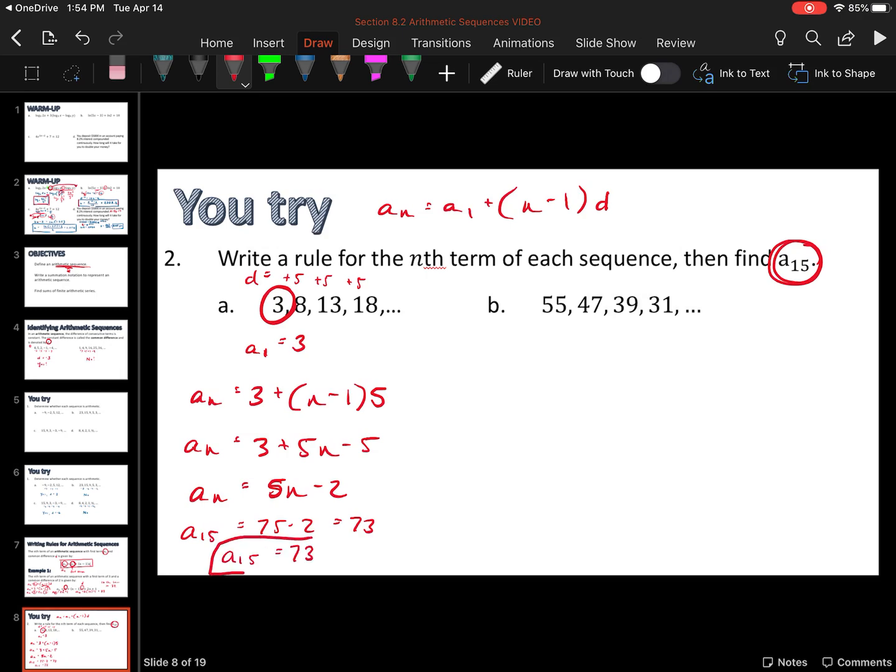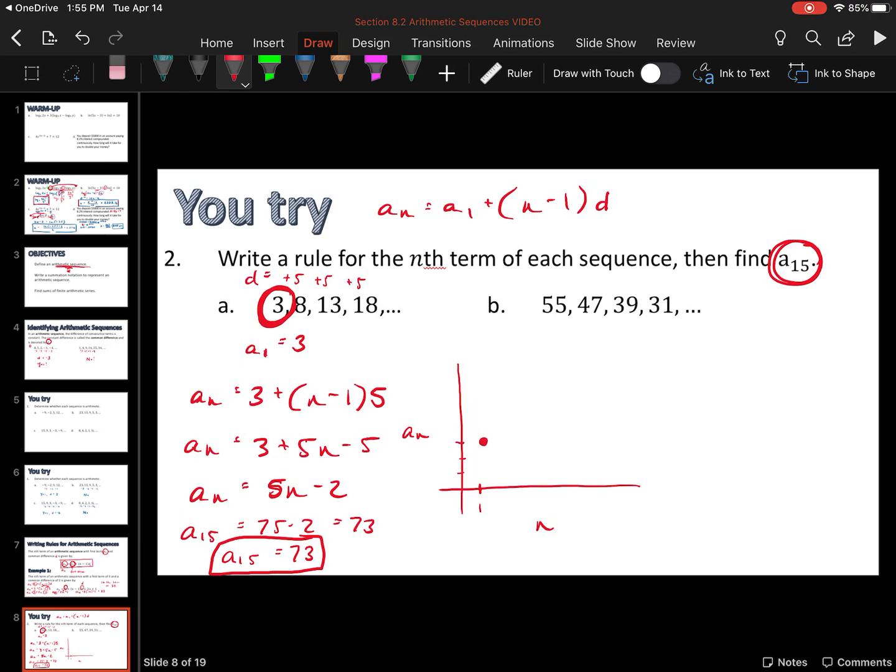And if you think about this, if we were to graph something like this, and I made a graph, let's say that here is the n and here is a sub n. The first term, a sub 1, when n is 1, we get 3 out.